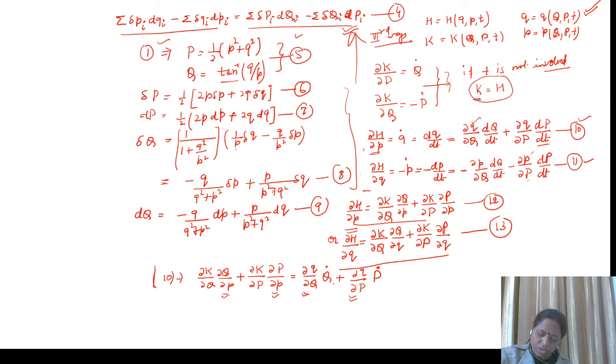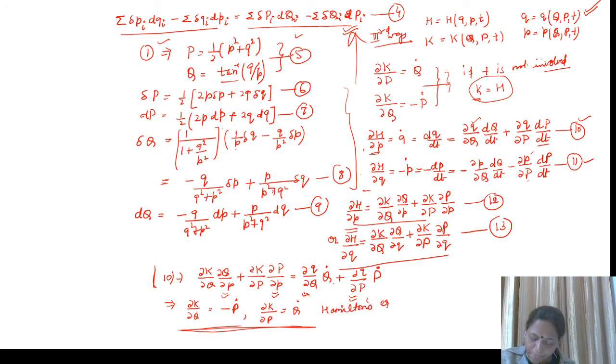From these 4 relations, you just find the values of these terms, these expressions, and then comparing the 2 sides, you will get ∂K/∂Q will be minus P dot, and ∂K/∂P will be Q dot. You can very well do it. You just put the values and compare. You will get these relations and say that Hamilton's equations are preserved, and therefore the transformation is canonical.